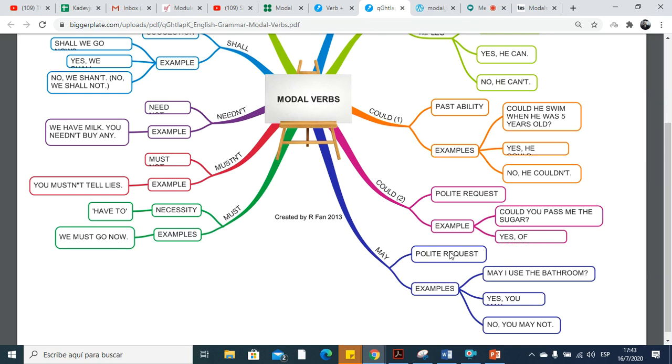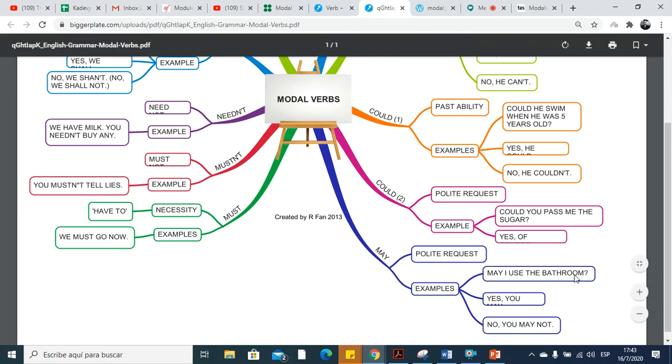Then for may, we also have a polite request. May I use the bathroom? ¿Podría usar el baño? Yes, you may, or no, you may not. Si puedes o no puedes.